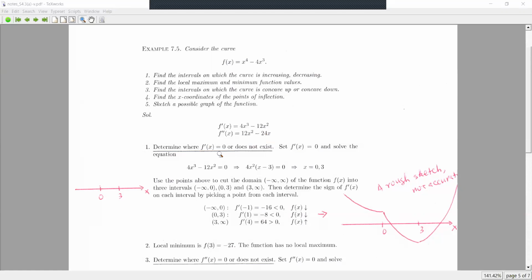Now I want to find the points where the derivative is 0. Set the derivative to 0 and solve the equation. The left hand side is the derivative.